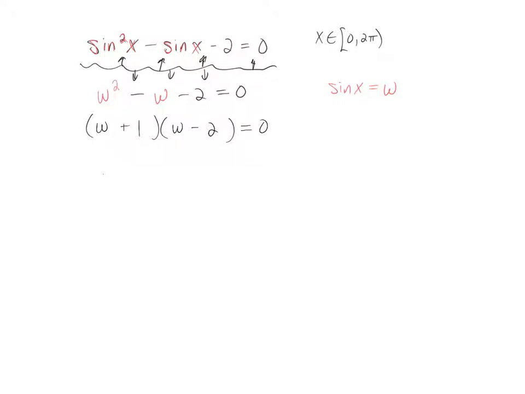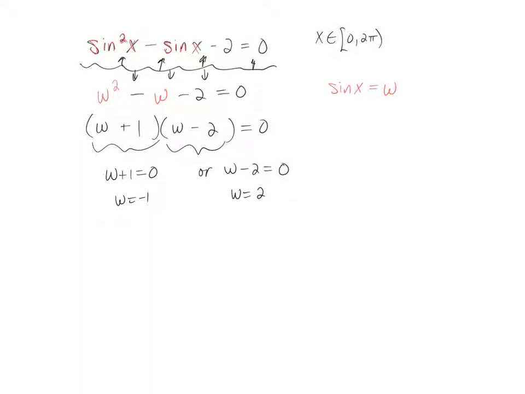And you should recall from your algebra skills that you can set both of those factors equal to 0 to get your solutions. So w plus 1 equals 0, or w minus 2 equals 0. You get two different options there. The first one gives us w equals -1, and the second one gives us w equals 2.